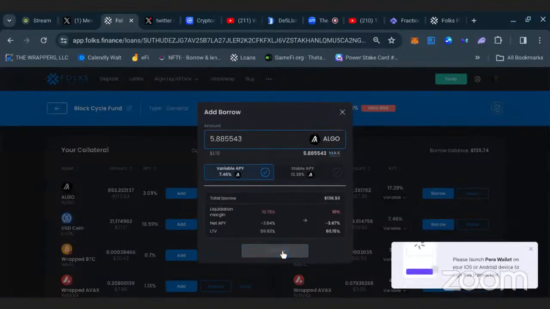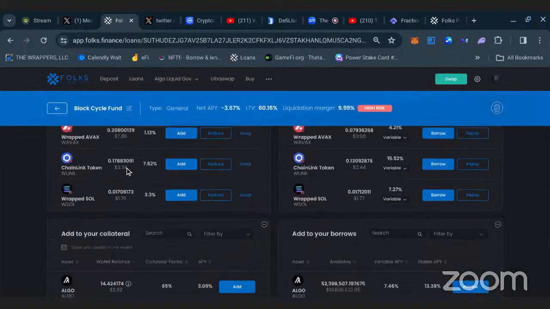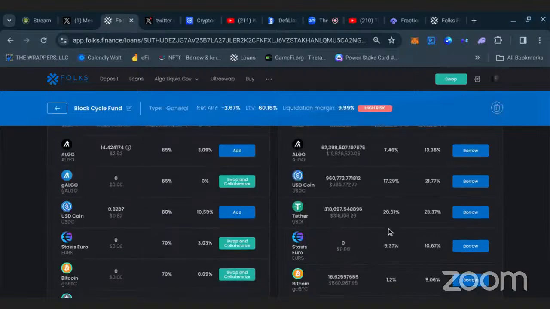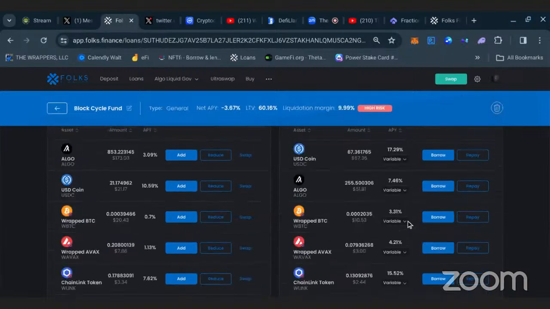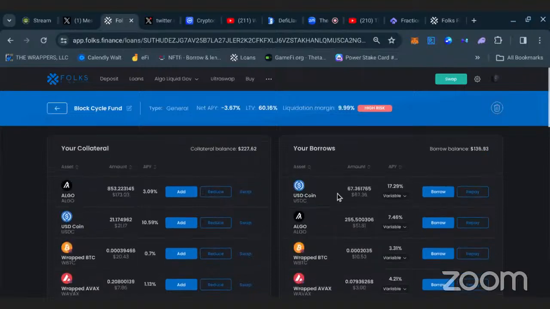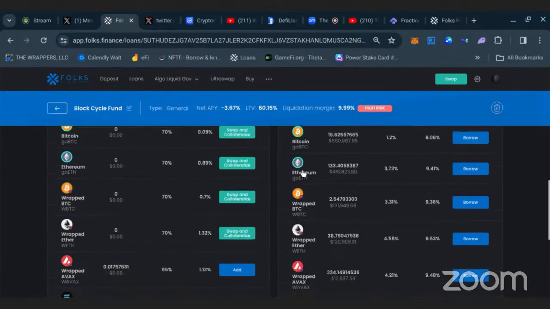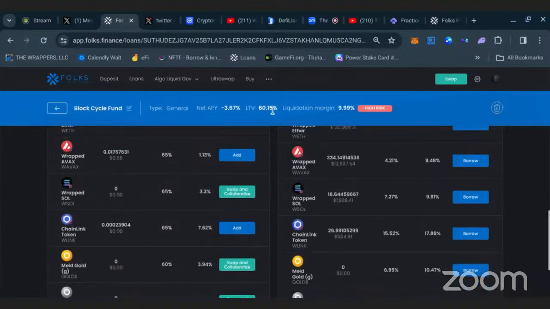So with the Tether that I have on the borrow, I can just swap that into USD coin. You got Tether on the borrow side, right? Right, yeah, because it's not on the collateral. I don't even think it's available on the collateral side. It should be. I have never been able to find it.